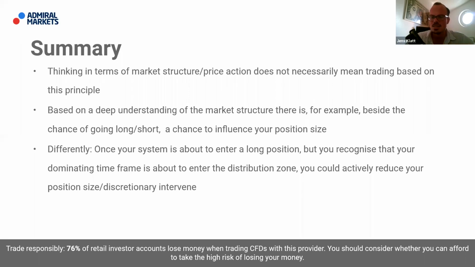Thus I take out some of the risk of the position I plan to enter, given that the risk reward for long engagements seems more unattractive in my direct dominating time frame.